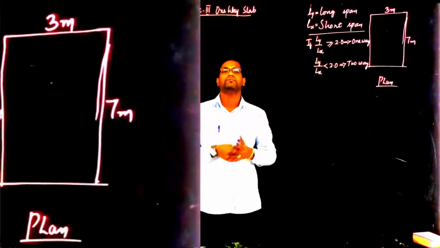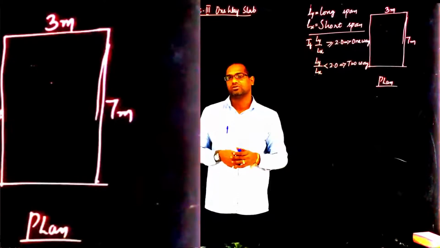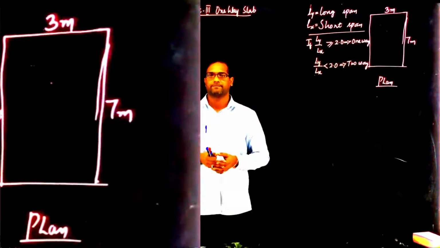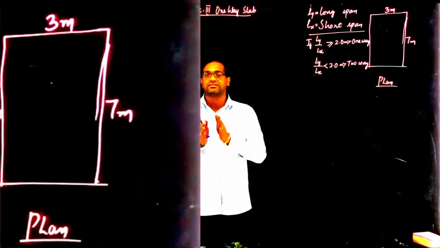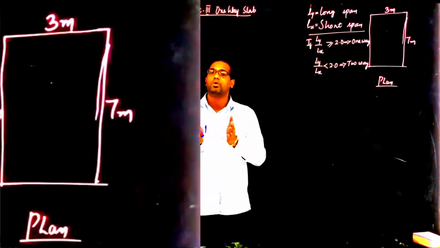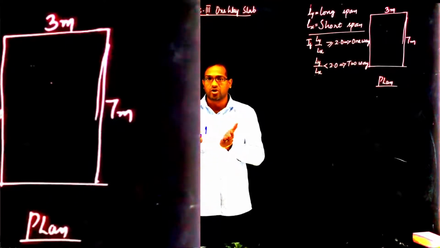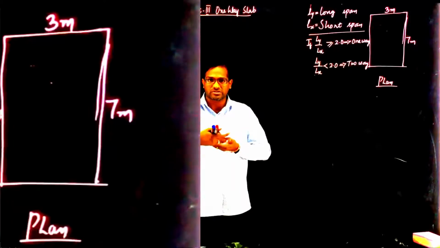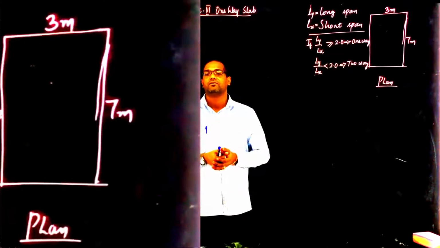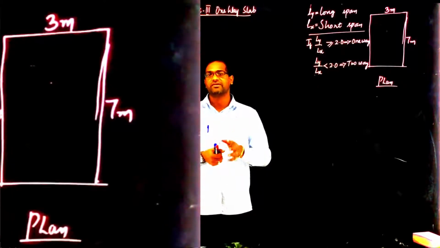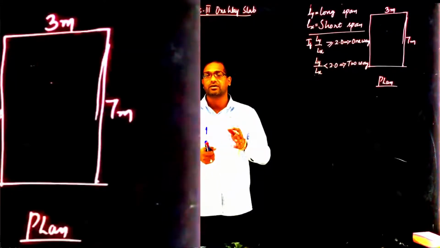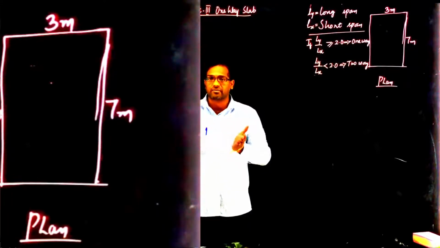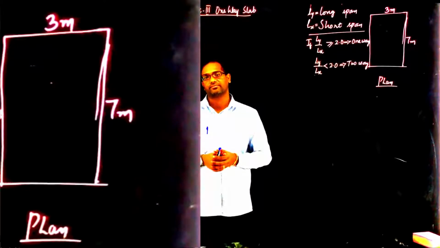In the same way, your slab will also bend. In a two-way slab, the slab will bend in both directions, that is the longer span and the shorter span, whereas a one-way slab will bend in only one dimension, that is along the shorter span.